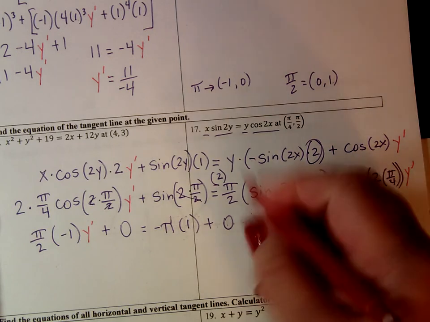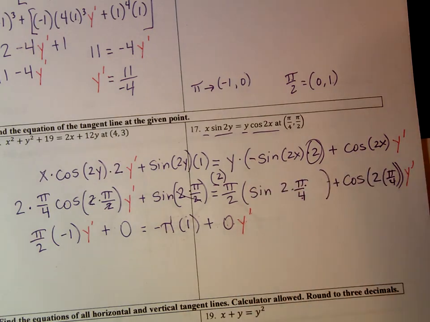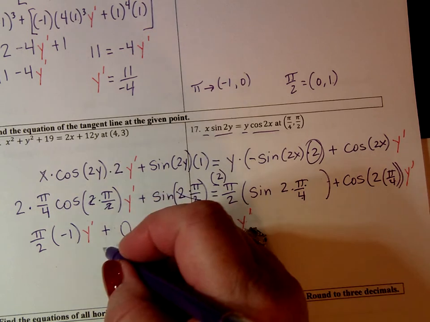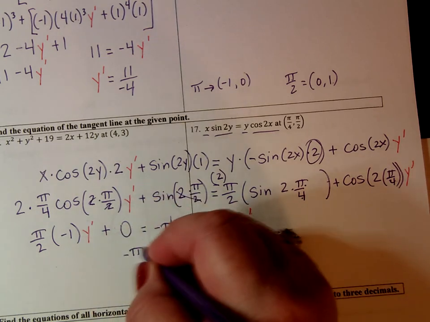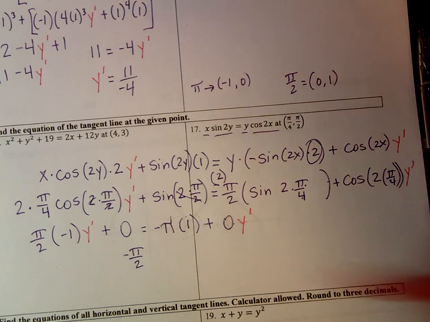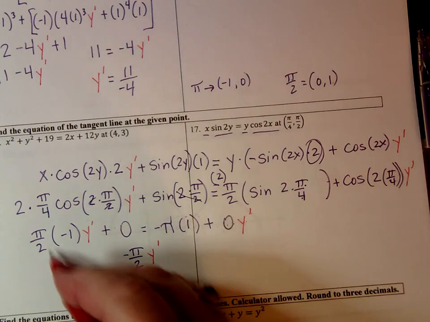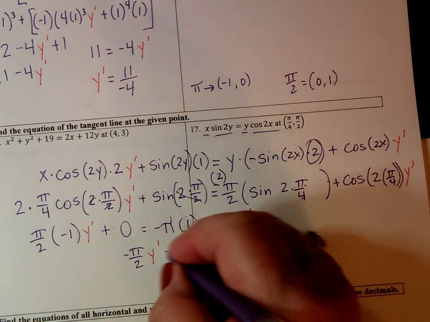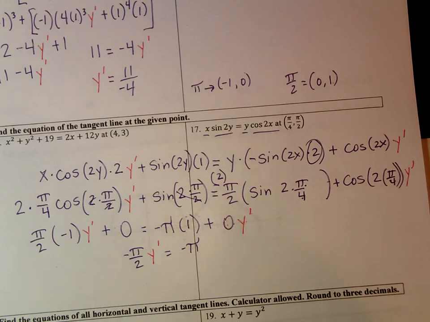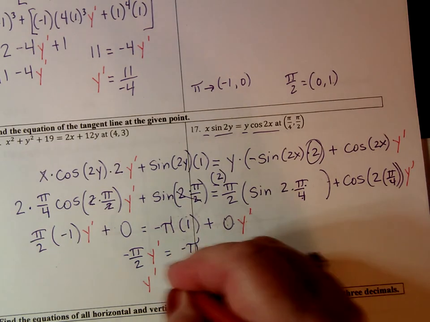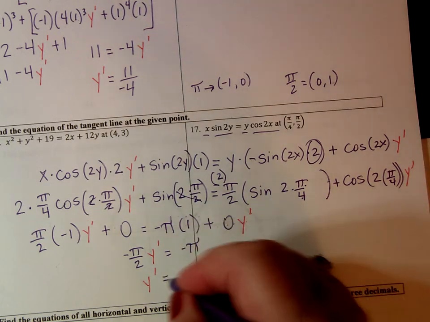Okay. So I end up with a negative pi over 2 y prime on the left, and on the right I have a negative pi. So y prime is equal to negative pi divided by negative pi over 2.